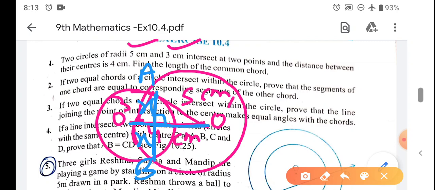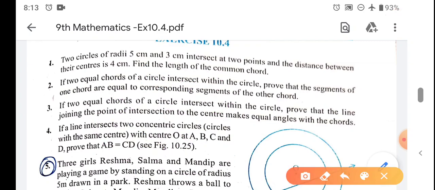The distance between their centers is 4 centimeters, and this is 5 centimeters. So how will we do this? Let us draw the diagram. The distance between their centers is 4.